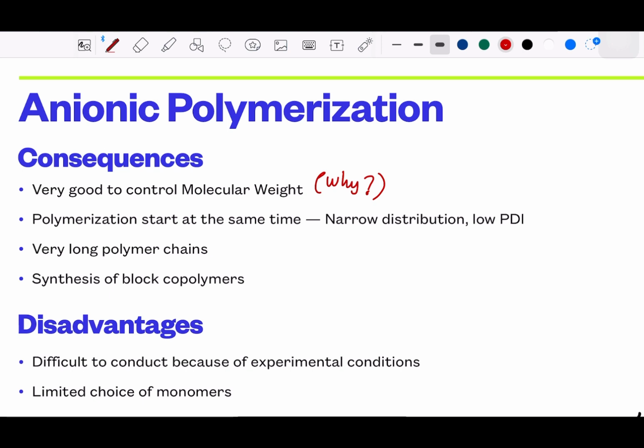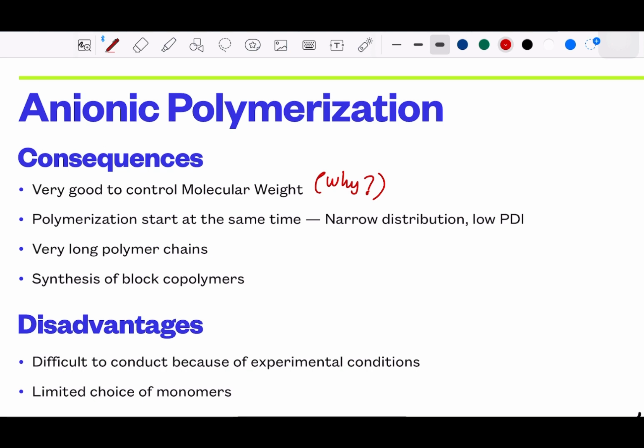How is it possible? Any idea? Why is it easy to control molecular weight? Any comments, suggestions? Okay, consider the ionic polymerizations, as I mentioned at the beginning, they do not have any termination.